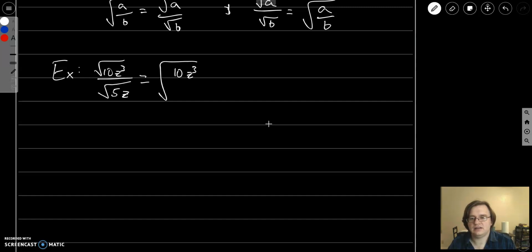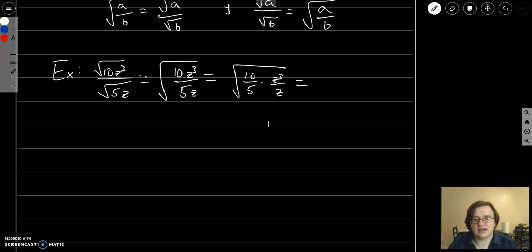10 z squared over 5z. And here, we'll break this apart just a little bit so that it's easier to see. So 10 divided by 5 and z cubed divided by z.